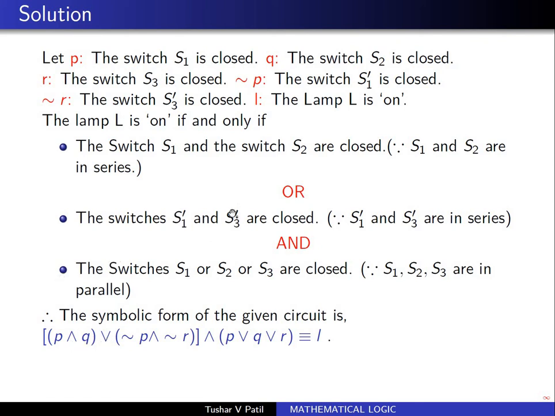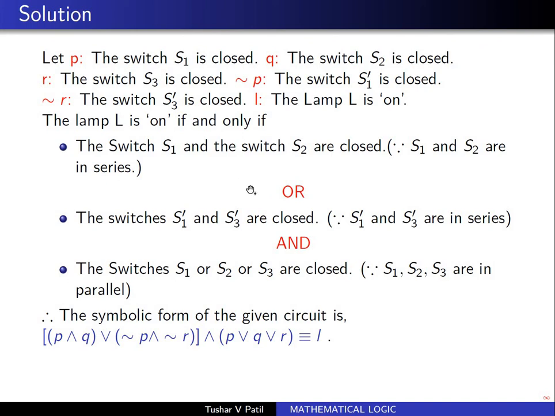The switches S1 dash and S3 dash are closed: negation P conjunction negation R. This whole box is connected with these three switches in series, S1, S2, S3. Here it is the OR: P disjunction Q disjunction R, which is equivalent to the lamp L is on.